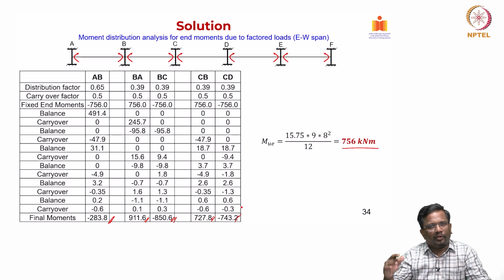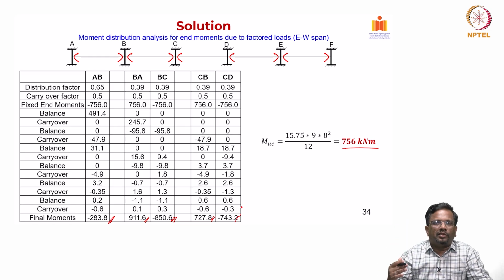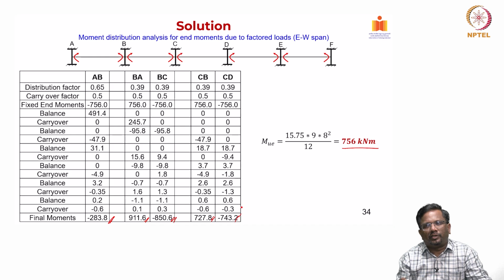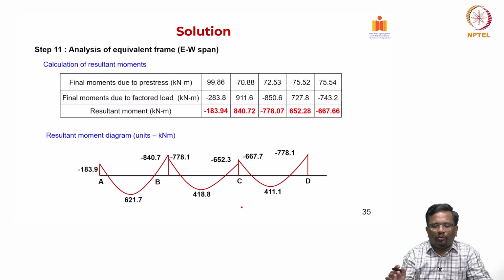Now, the principle of superposition is valid. So, I am going to consider both the effects of pre-stress and the external loads, then you get your moment as this. Final moments are negative 183 point something, again this is joint A, this is B, C, D and so on, right.